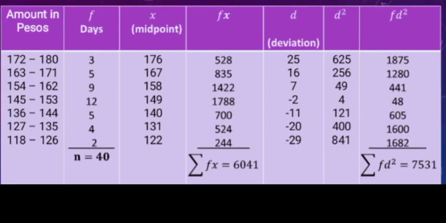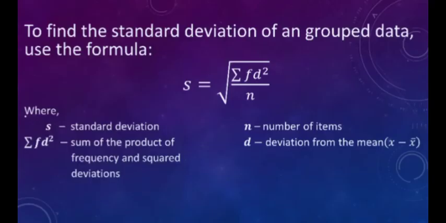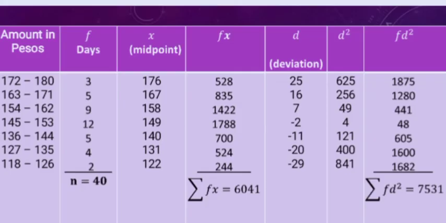So 3 times 625 is 1,875. 5 times 256 is 1,280. 9 times 49 is 441, and so on. Going back in our formula, that is the square root of the summation of fd squared over n. So we need to sum up our fd squared in order to get the value of the summation of fd squared. If we get the total of our fd squared, that is equal to 7,531.